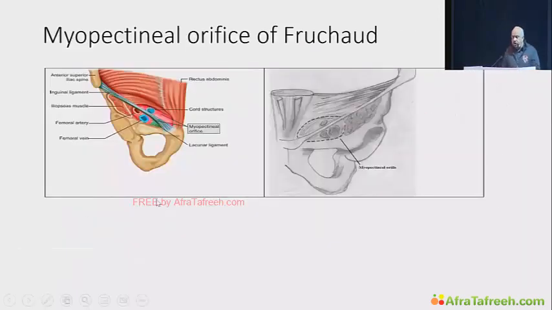So this is the boundary of the myopectineal orifice of Fruchaud. You see this area here, shown by red color. This is an anterior view, not internal view. The boundaries are, you can see, rectus here, conjoint tendon here, iliopsoas here, and pubic bone here, pecten pubis here.